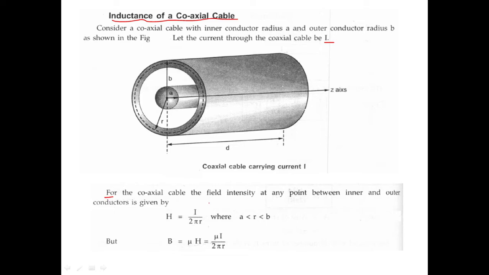So for the coaxial cable, the field intensity at any point between inner and outer conductors is given by H is equal to I divided by 2 pi r.